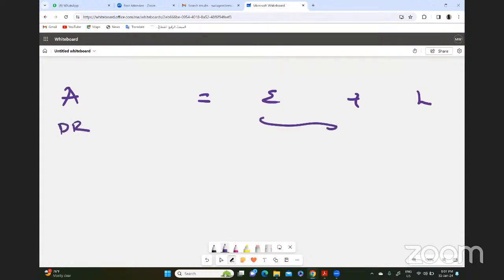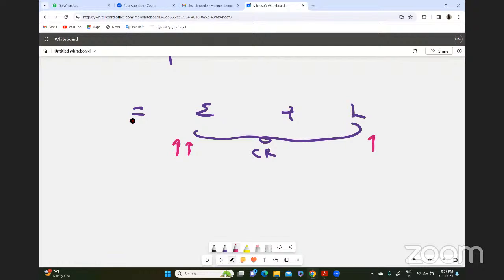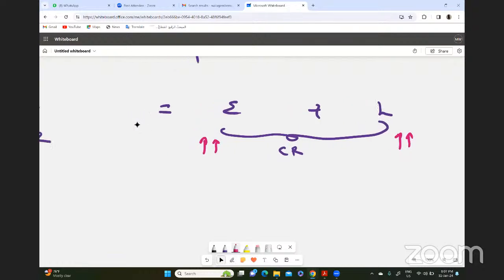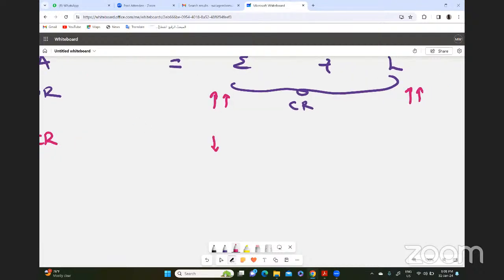Debit, and then credit. What we mean here is that we shall apply the debit if these items are increasing. The minute they are reducing, what was a debit here becomes a credit. And the minute this is reducing, what was a credit there becomes a debit.